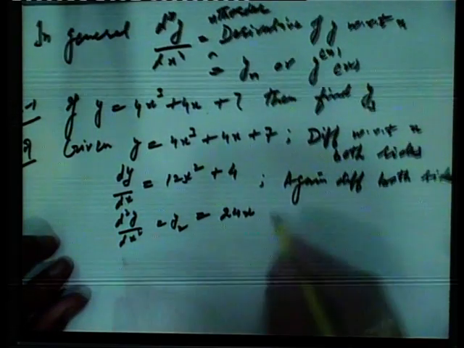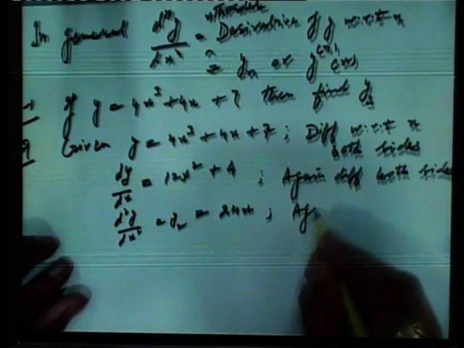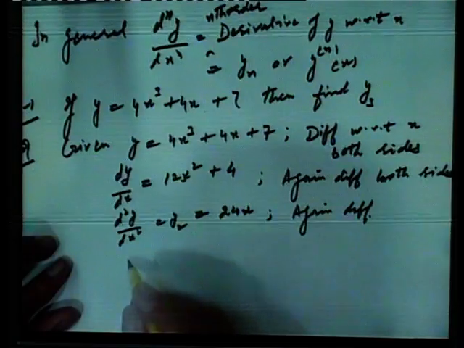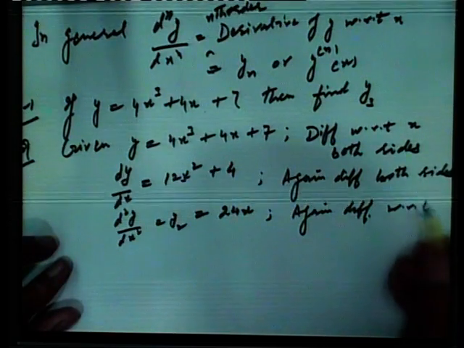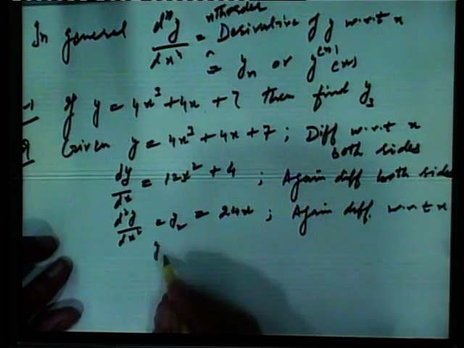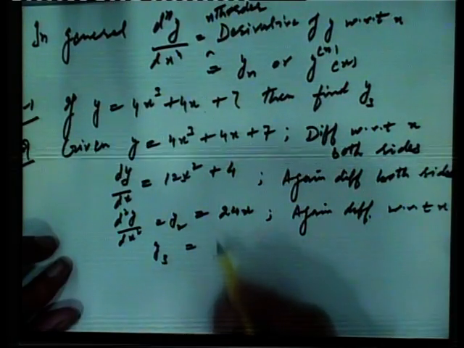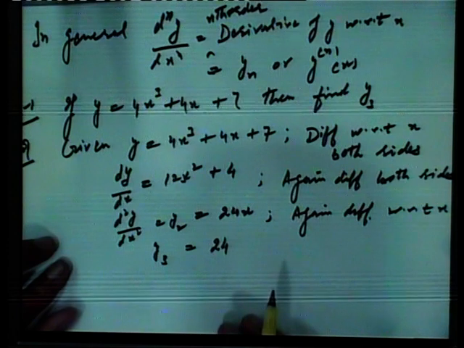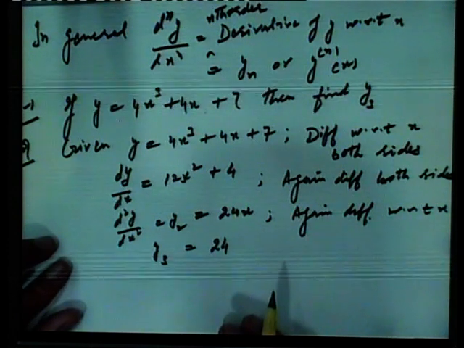Again differentiate with respect to x, both sides, we get y3 is equal to 24, because the differentiation of x is equal to 1.